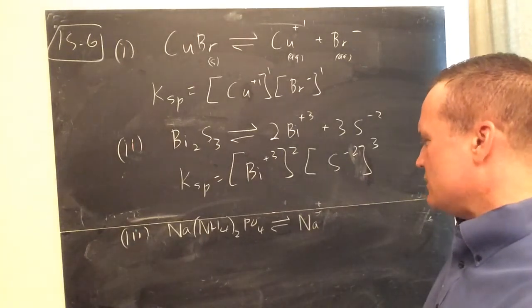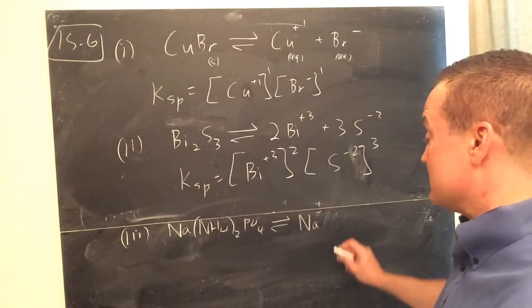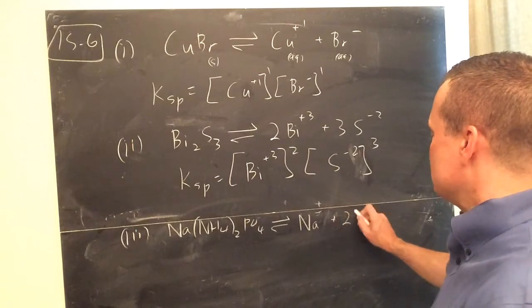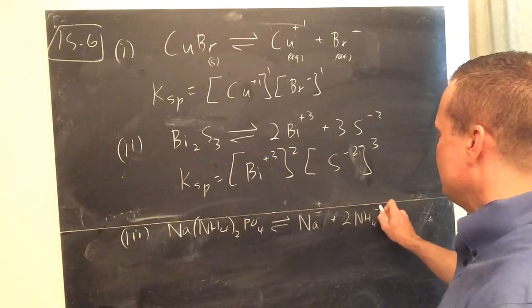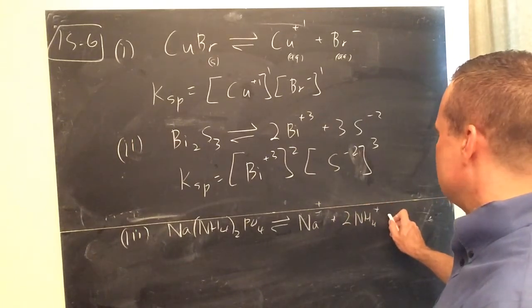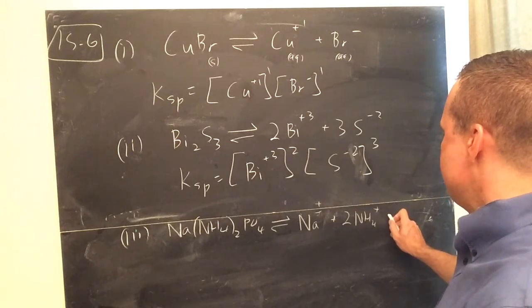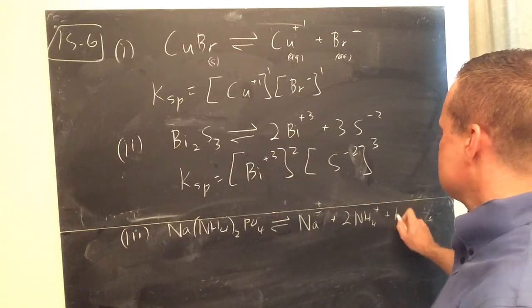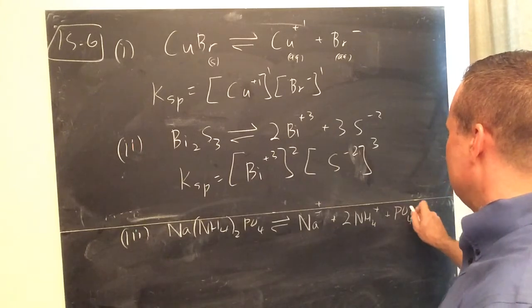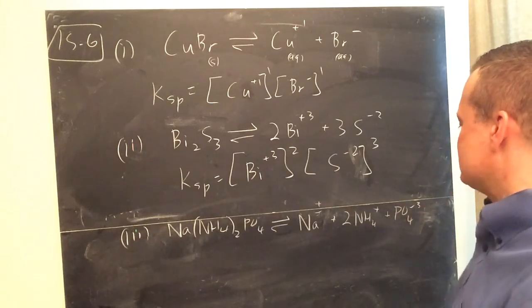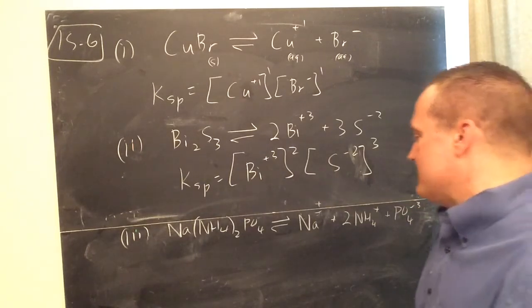That's interesting because ammonium and sodium are both soluble. So you get 2 NH4 plus, and you'll also get phosphate. Now, is there something I'm not thinking about here? Will they all the way dissolve? Yeah, this is how I would write it.